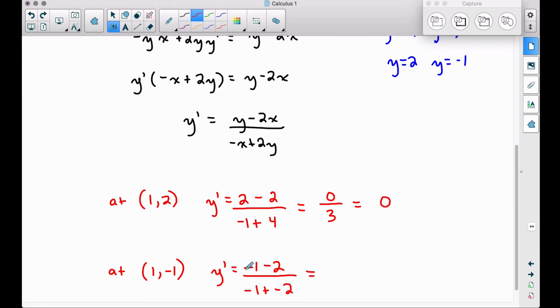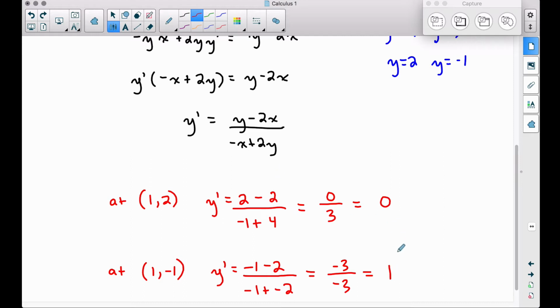Working all this out, negative 1 minus 2, we get negative 3, over negative 1 minus 2 is a negative 3. Therefore, our slope, our derivative, the slope of our tangent line here is going to be 1.